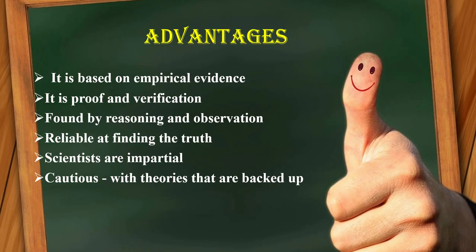Next, what are the advantages of scientific method? It is based on empirical evidence. It is proof and verification, found by reasoning and observation, reliable at finding the truth. Scientists are impartial, cautious with theories that are backed up.